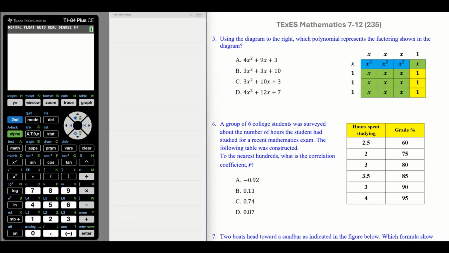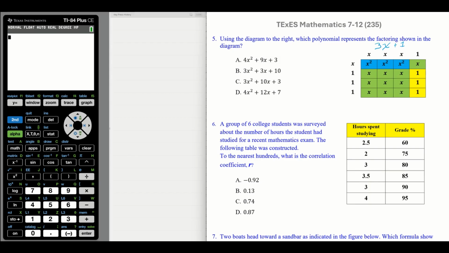Number 5. Using the diagram to the right, which polynomial represents the factoring shown in the diagram? Okay, so this one is 1, 2, 3 x's, 3 x's plus 1.